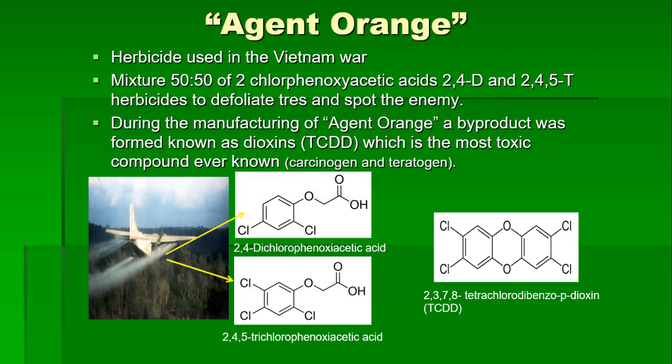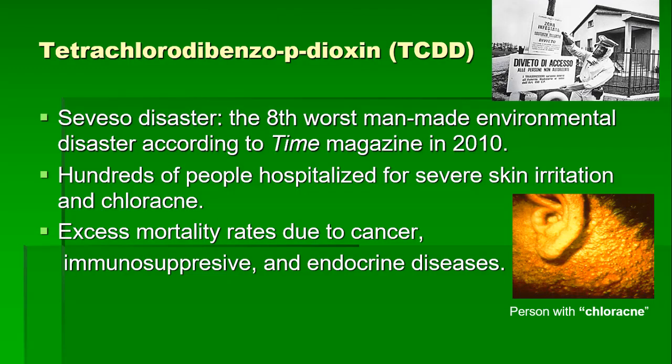So this dioxin, which is known as TCDD, or tetrachlorodibenzodioxin, was basically an unwanted product in the manufacturing process of Agent Orange, and it's also a very persistent contaminant in the environment. One of the worst environmental disasters took place in a town in Italy, which resulted in the highest exposures of TCDD in a residential area.